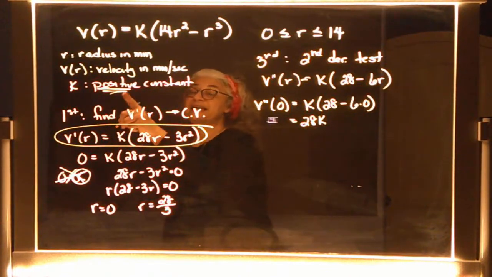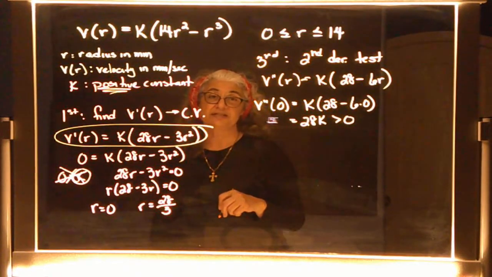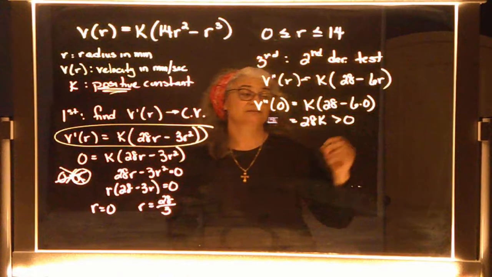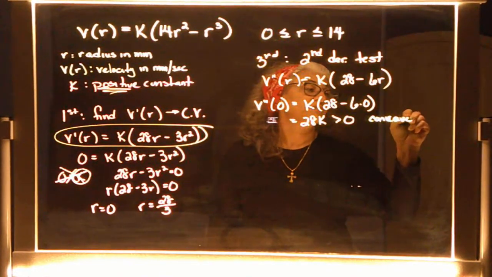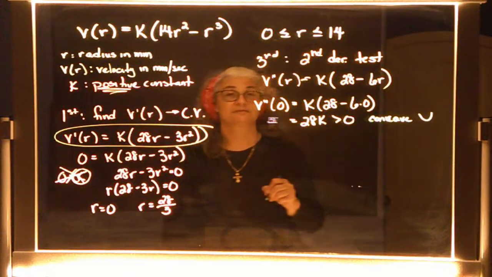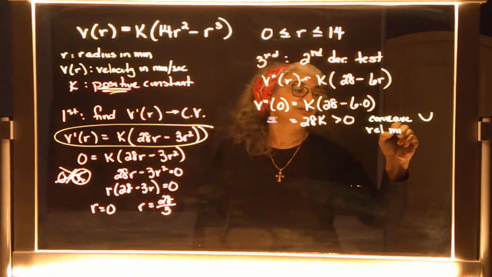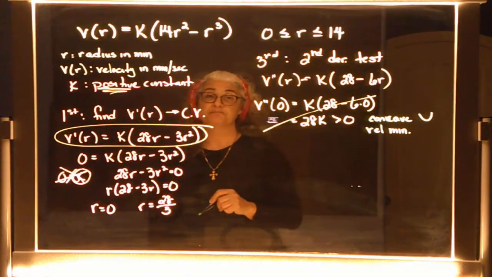Now remember, k is a positive number. That means this is greater than 0, isn't it? So if it's greater than 0, which way does it concave? Yeah, greater than 0 means it concaves up. That's not a relative max, that's a relative min. So this isn't going to do it for us, right?